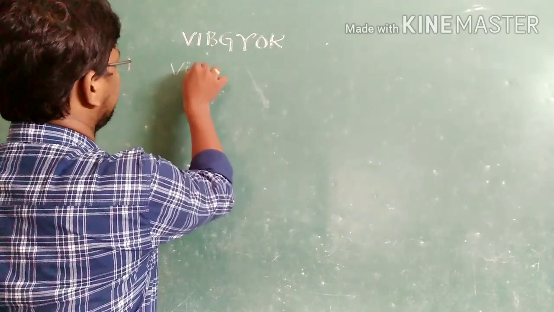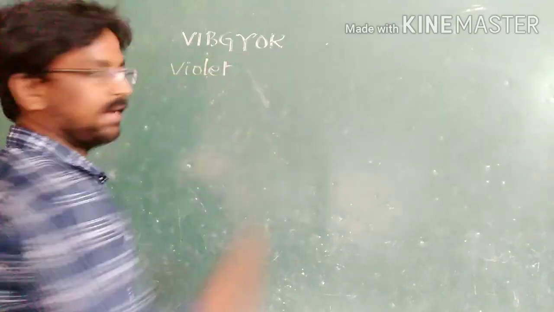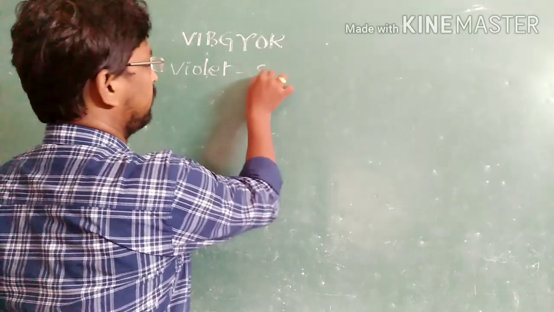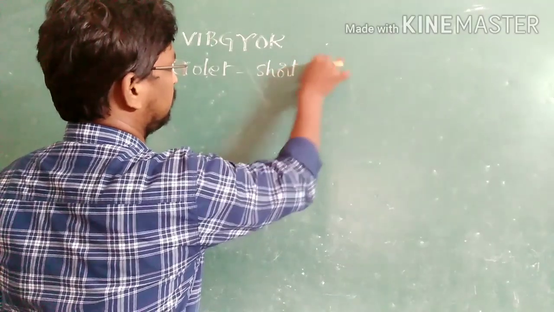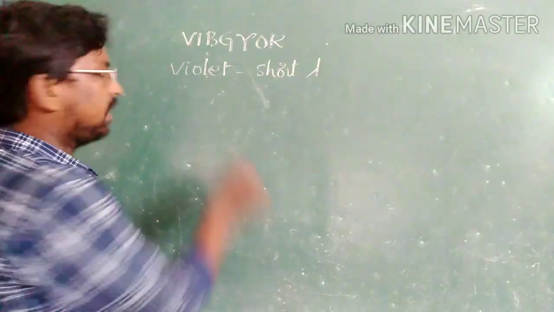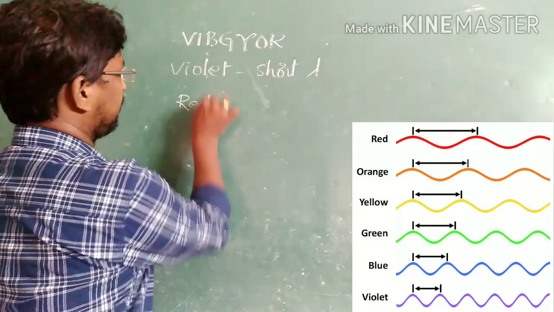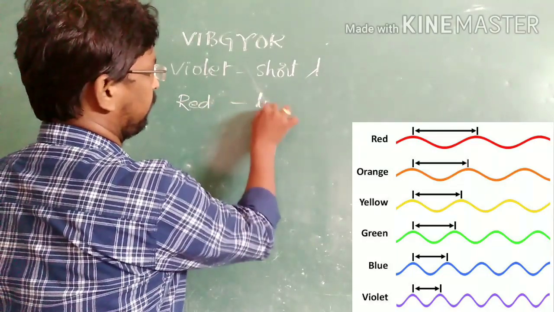violet color has short wavelength and red color has long wavelength.